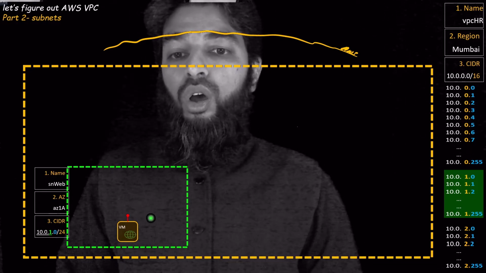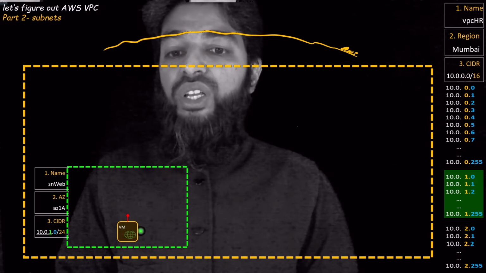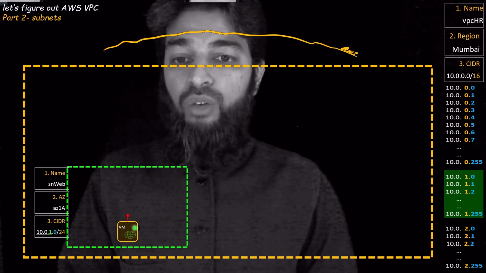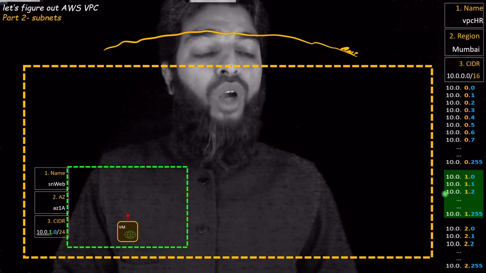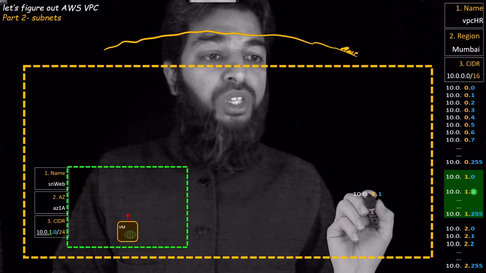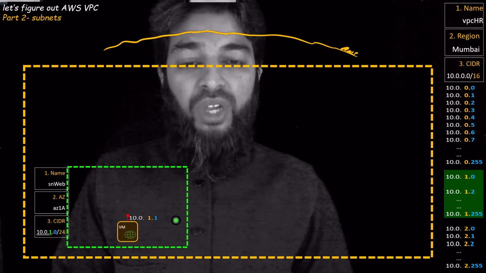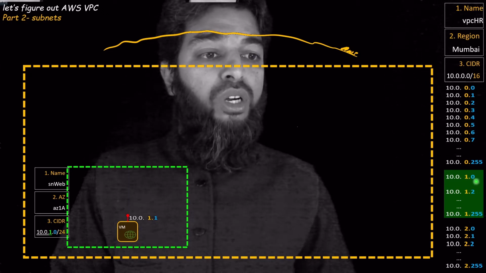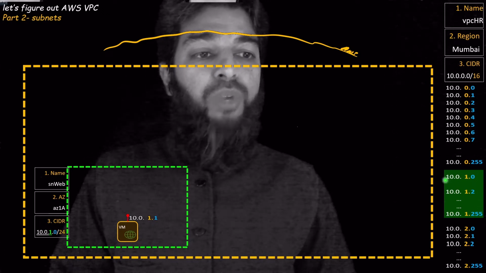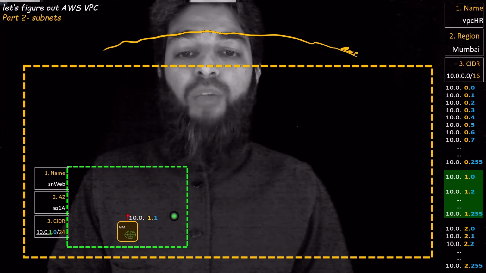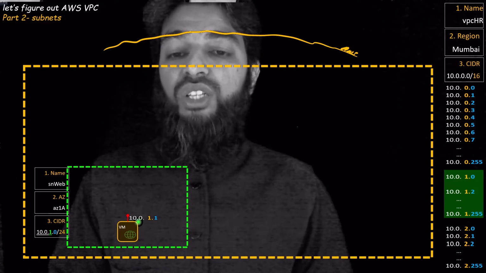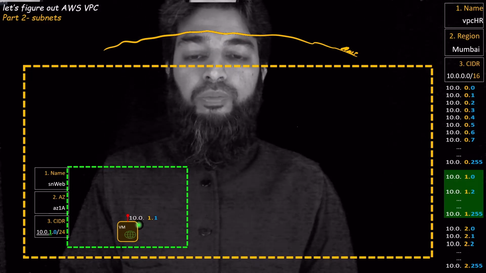So once you create a virtual machine in the subnet, VPC will pick up one IP address from the list of IP addresses that are set aside for your subnet, and that one IP address from this list will be assigned to your virtual machine.